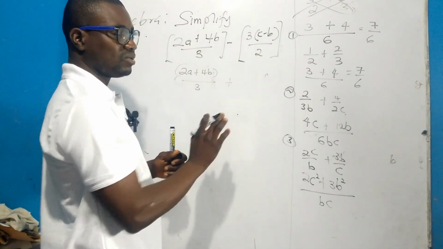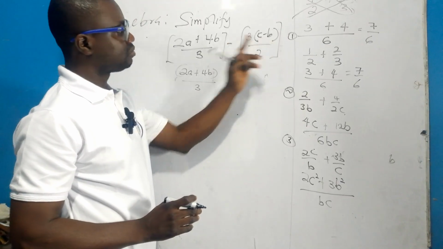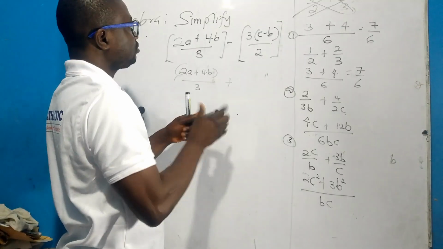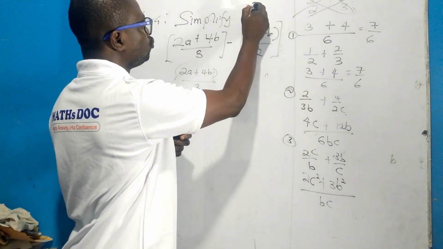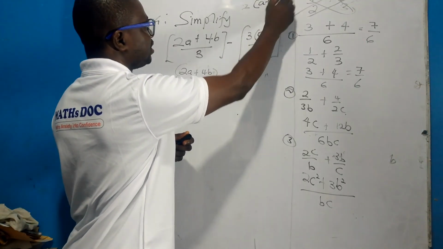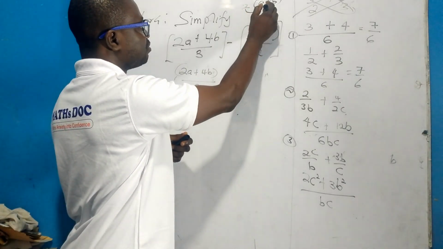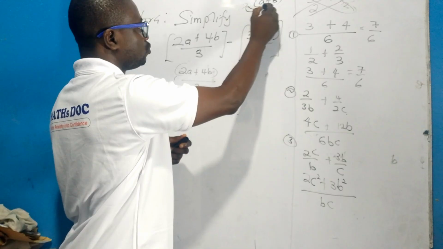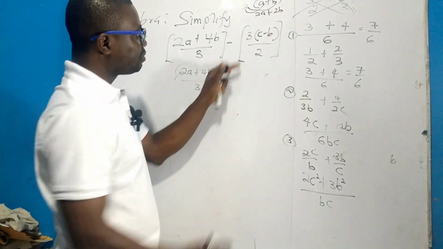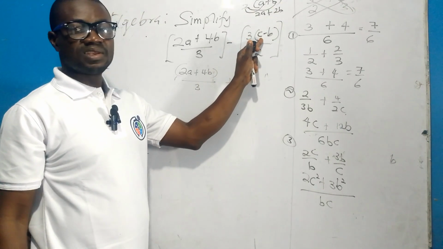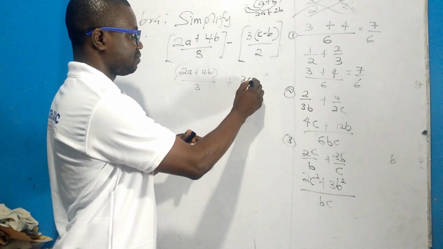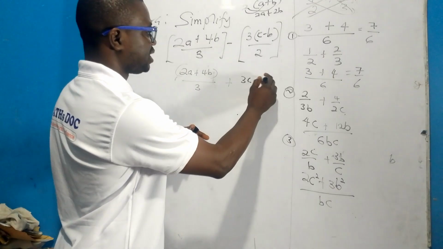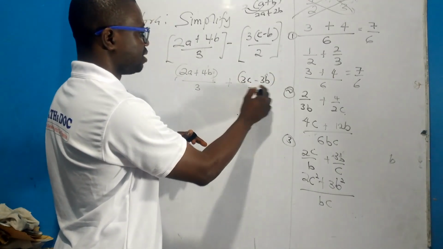Help the child to be able to expand this expression. Expansion: you have 2 times a plus b, so 2 times a is 2a, plus 2 times b is 2b. Similarly, 3 times c is 3c, and then minus 3 times b is 3b. Then you put it in a bracket.